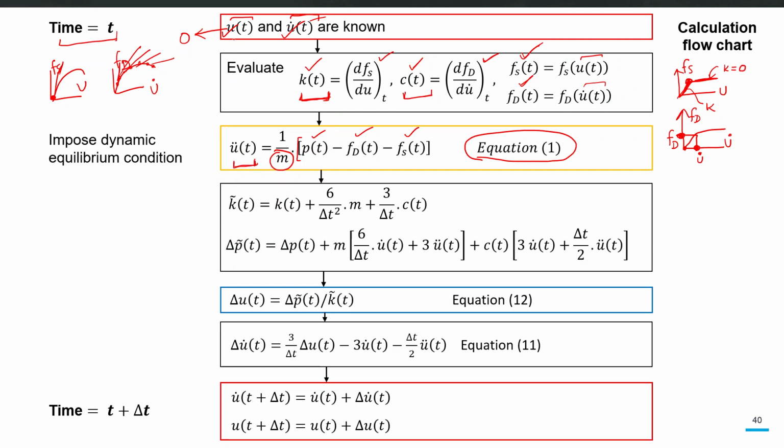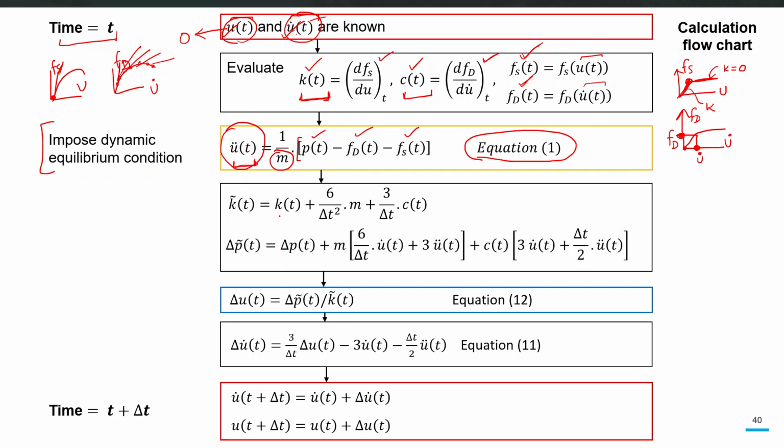So for any given u of t and u dot of t, the u double dot of t can be calculated using the equilibrium equation. And imposing the equilibrium equation will avoid the accumulation of error, as we will see in a few minutes. So if u of t, u dot of t and u double dot of t for any time instant t are known, we can calculate k prime and delta p prime.